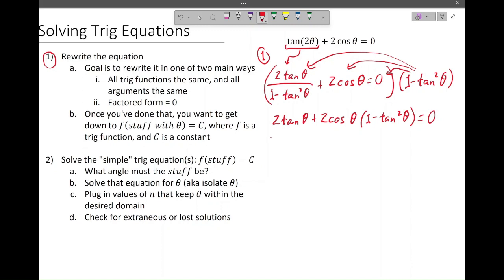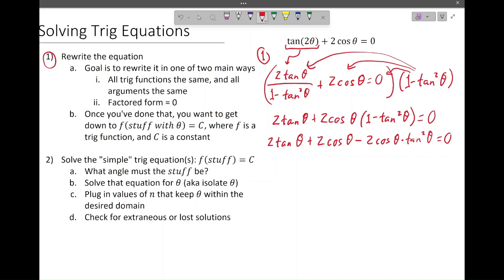I have 2 tangent of theta plus 2 cosine of theta minus 2 cosine theta times tangent squared of theta is equal to 0. It looks like I made a big mess, and well, I did, but I did clear up some issues. One is that I cleared out the fact that they have different arguments, so I have thetas all over, and we have no more fractions, which is nice.